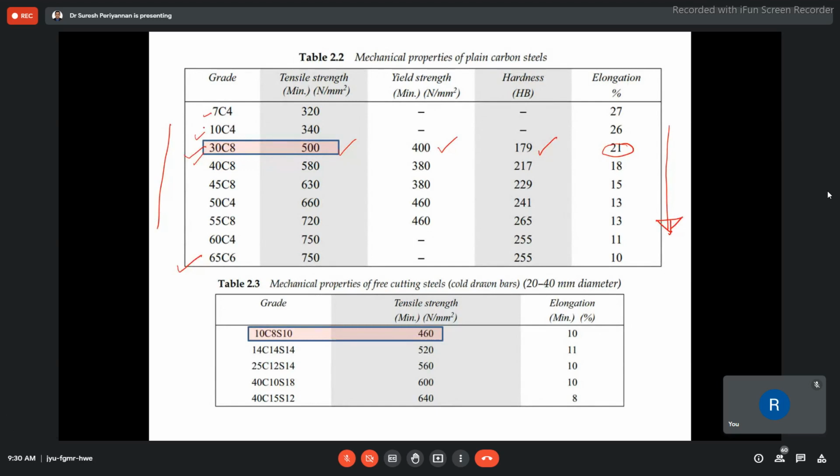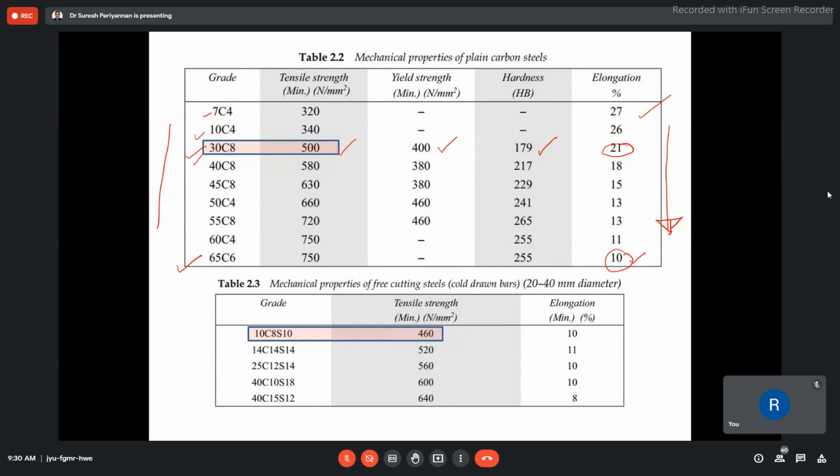See, at 0.07% carbon, the elongation is 27% of the length. But when you add 0.65% carbon, as compared to 0.07%, the elongation is drastically reduced from 27 to 10%.